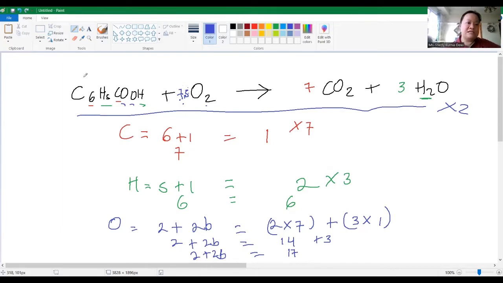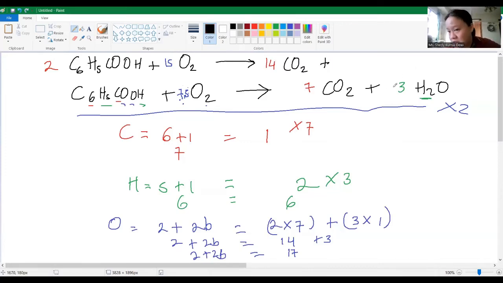So the answer is here, because we timesed it by 2, so the answer is 2 C6H5COOH plus 7.5 times 2 is 15 O2, equal to, yeah, 7 times 2 is 14 CO2 plus 3 times 2 is 6 H2O. Yeah. So this is the answer.